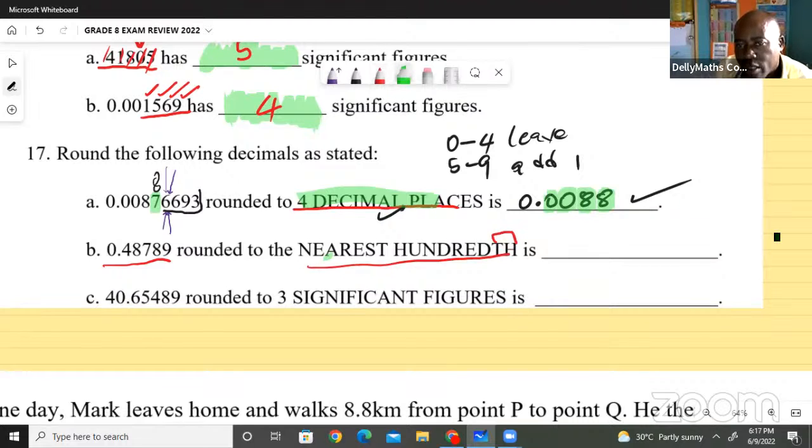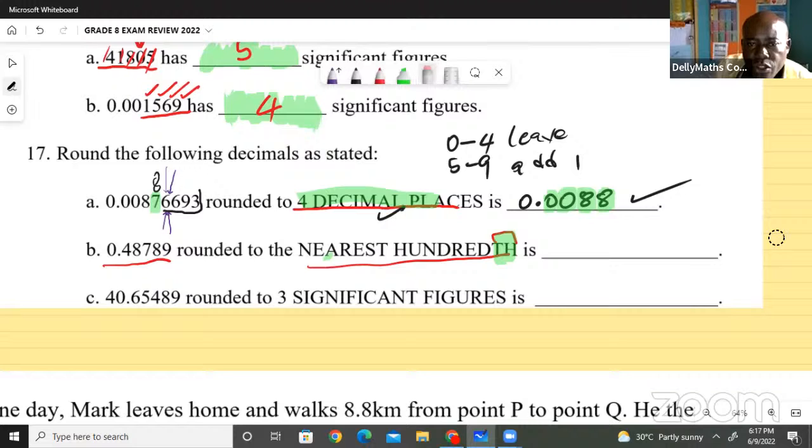So we want to take note of the TH. All right, let's go. So we are rounding off.